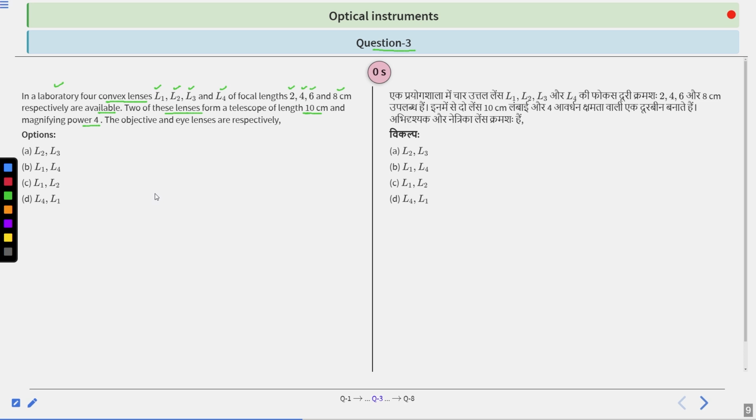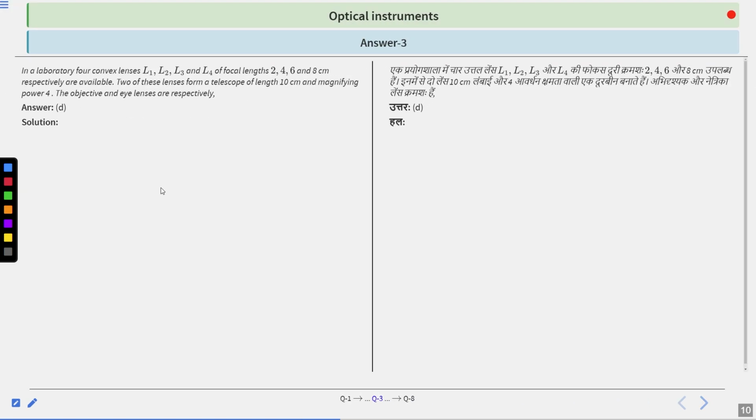Let's see the solution. In a laboratory, 4 convex lenses L1, L2, L3 and L4, with focal lengths 2, 4, 6 and 8 centimeter respectively, are available. Two of these lenses form a telescope.